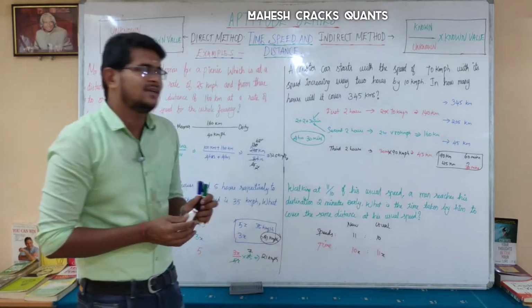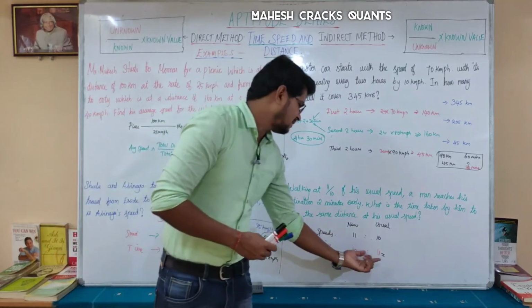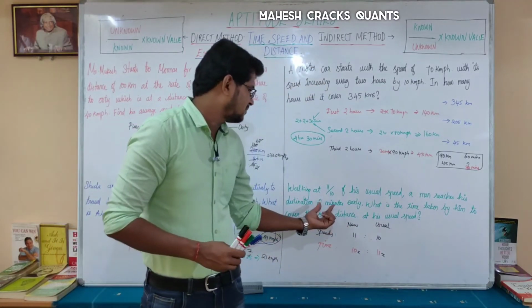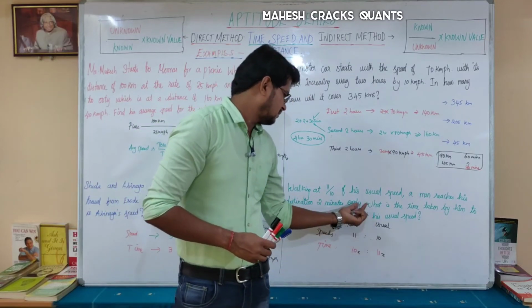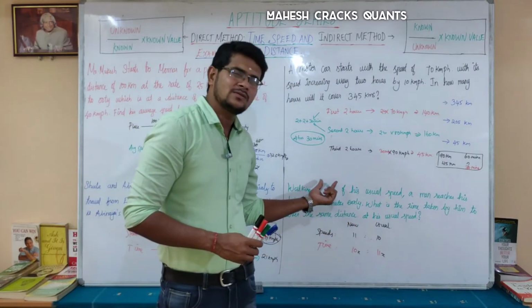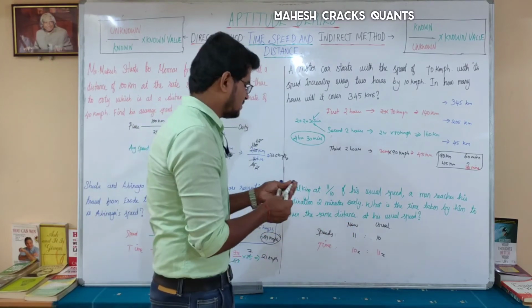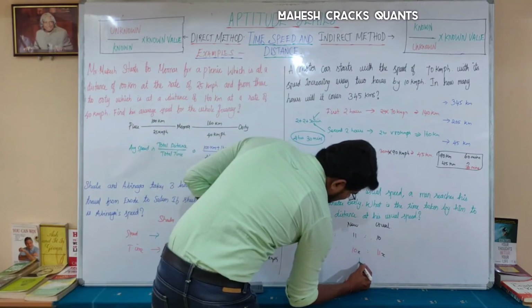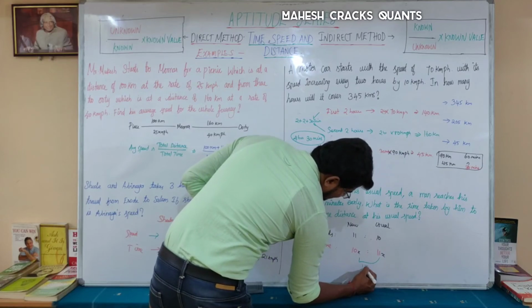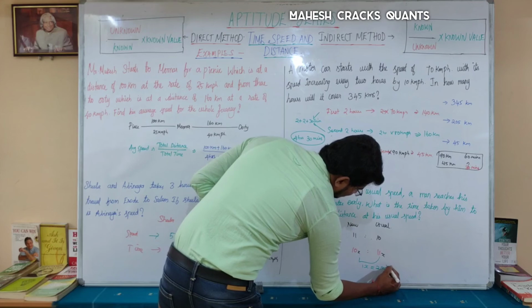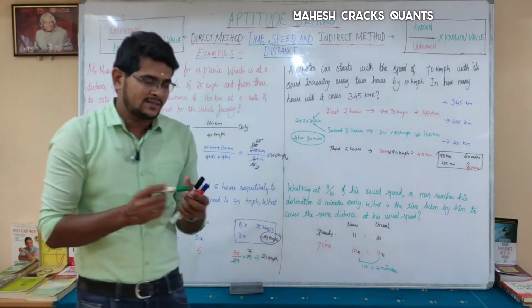So what is the difference between the usual time and his new time? It is 2 minutes, because by going fast in the new time, he is taking 2 minutes less. So the difference between these two is 1x. 1x is 2 minutes.